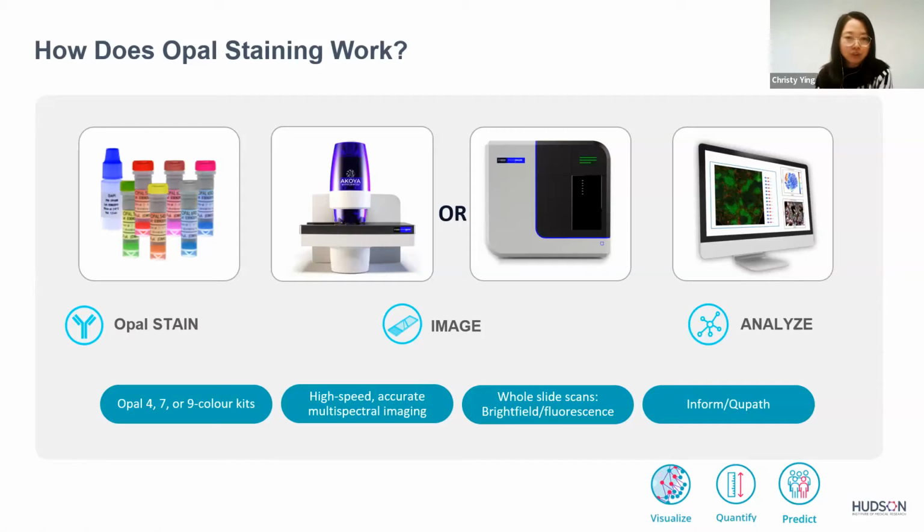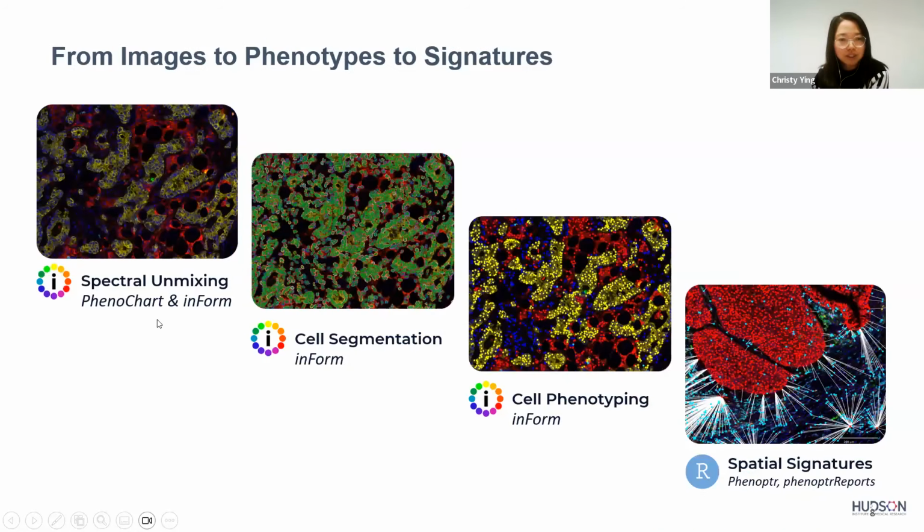And if you are doing a lot of slides, we could also use slide scanners to help visualize the results. And when we go to the analysis, there are several software options available. One is from the company called inForm. With the inForm software, we can do spectral unmixing to get each biomarker's staining results.